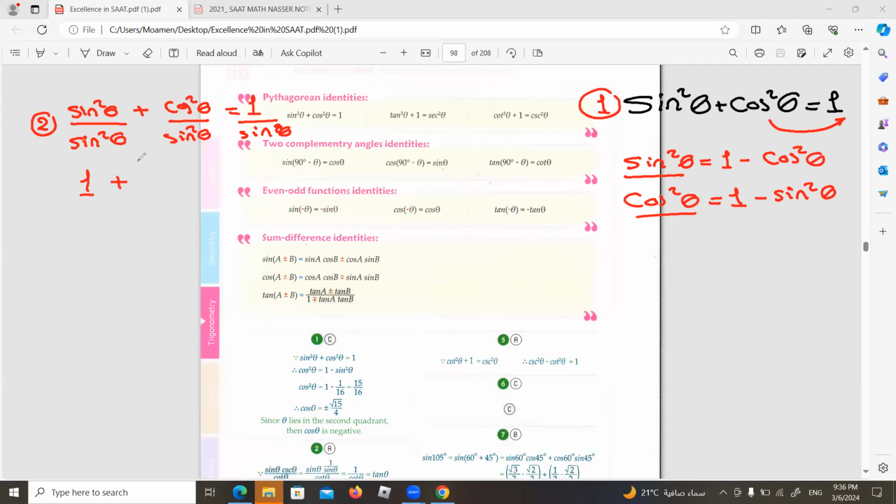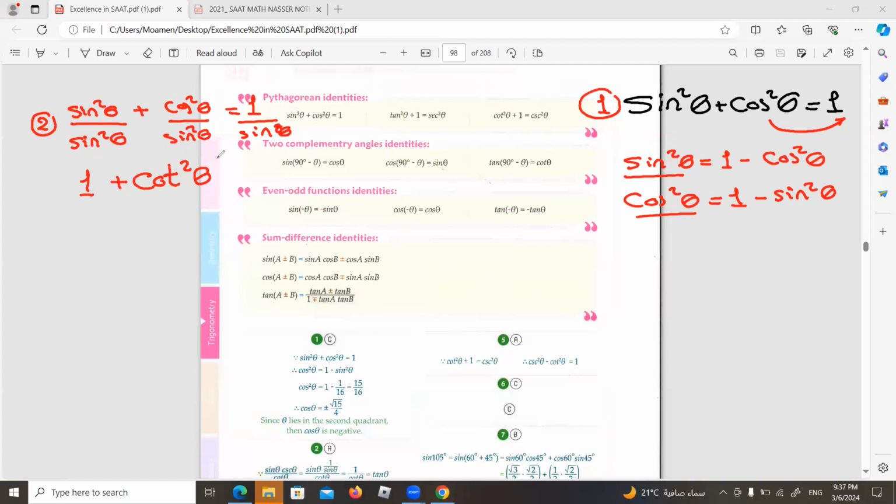Yesterday we said sine over cosine is equal to tan. Cosine over sine is the opposite, it will be cotan. But don't forget it's cotan squared theta, because it's sine squared and cosine squared.